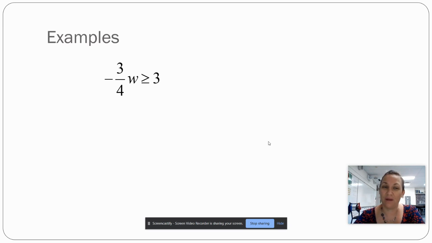Instead, we're going to multiply by the reciprocal. The reciprocal means take your fraction and flip it upside down. The reciprocal does not mean to change the sign of the number. So if this is a negative 3 over 4, when I take the reciprocal, it's still going to be negative, but now it will be 4 over 3.